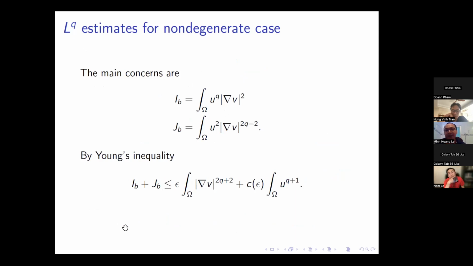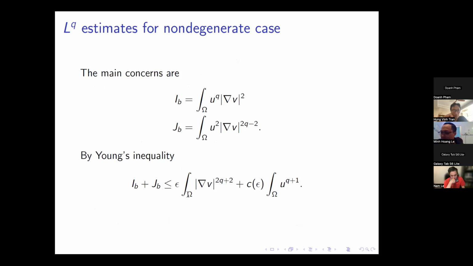The bad terms turn out to be: we have to control u to the power q gradient v squared, and u squared gradient of v to the power 2q minus 2. And we just apply Young's inequality, so we have some epsilon here and C epsilon here, right?